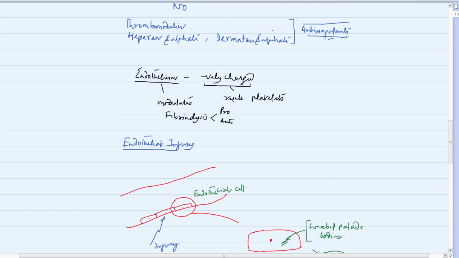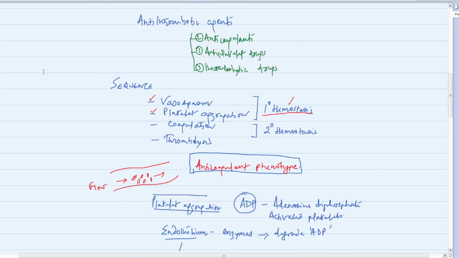So when injury happens, what we have seen is the mechanism of platelet plug formation. Let's recollect the sequence that we talked about initially: the first event is vasospasm, followed by platelet aggregation, and then the platelet plug formation.